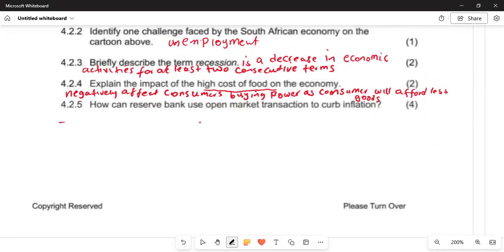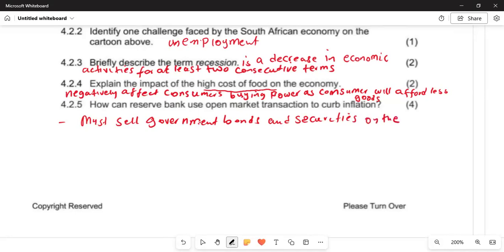So the Reserve Bank must sell government bonds and securities on the open market.